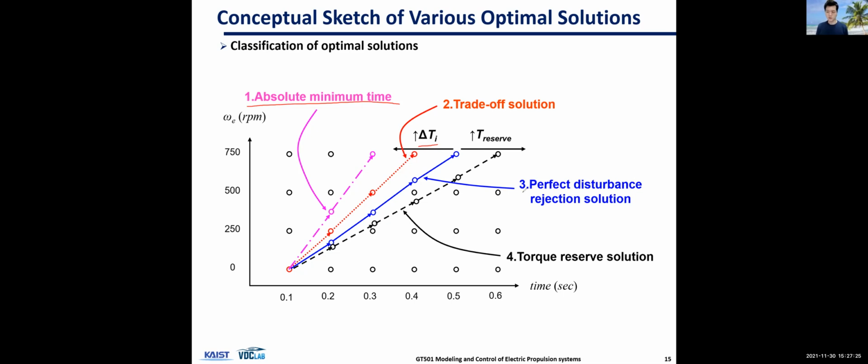And then there's a perfect disturbance rejection solution, meaning minimum time without sacrificing delta torque, okay? And then you have some trade-off solution somewhere in between these two, right? And then if you want to even reserve some torque, then you can also have a slower solution, okay? In case the driver asks for more torque, okay, while you start the engine.